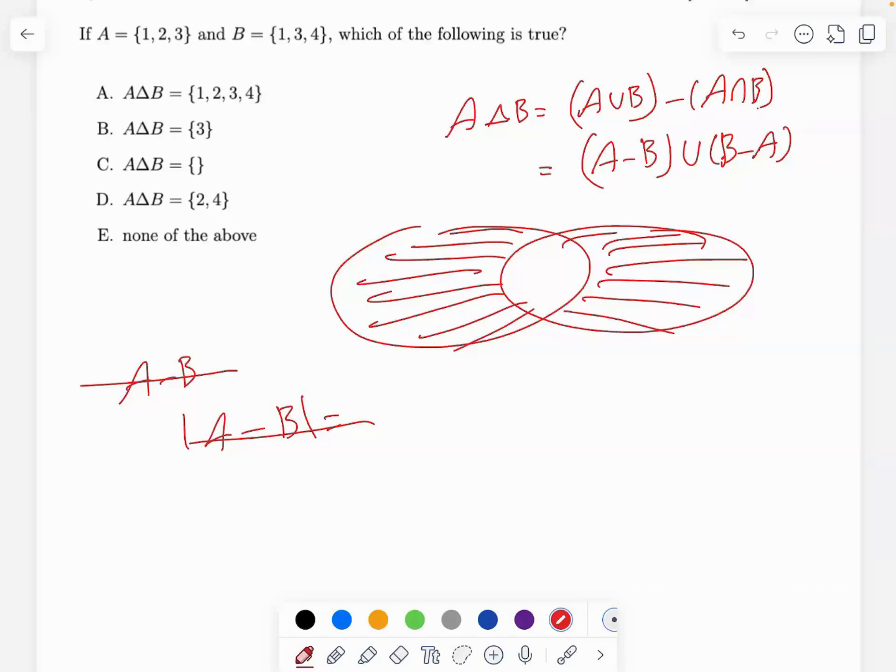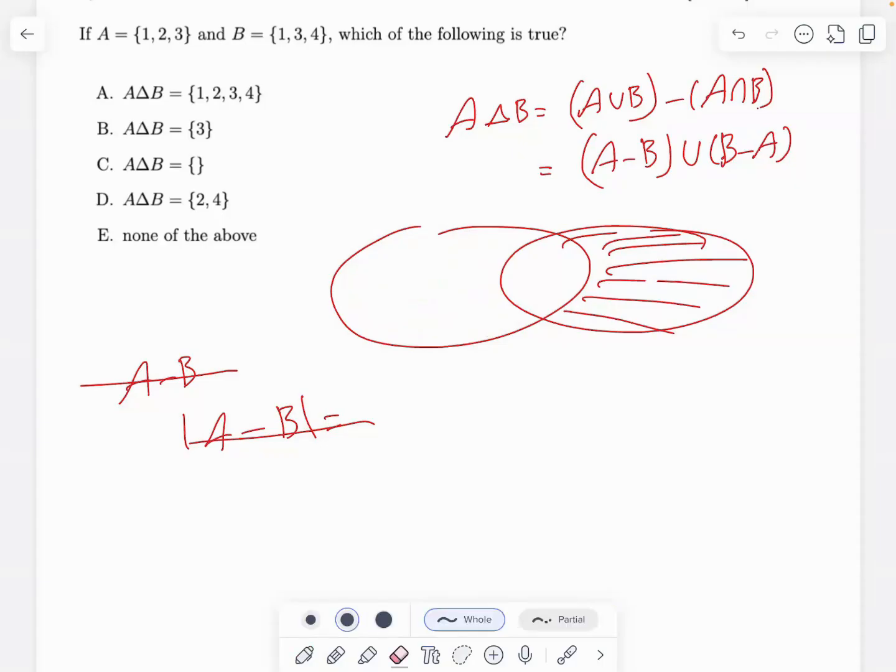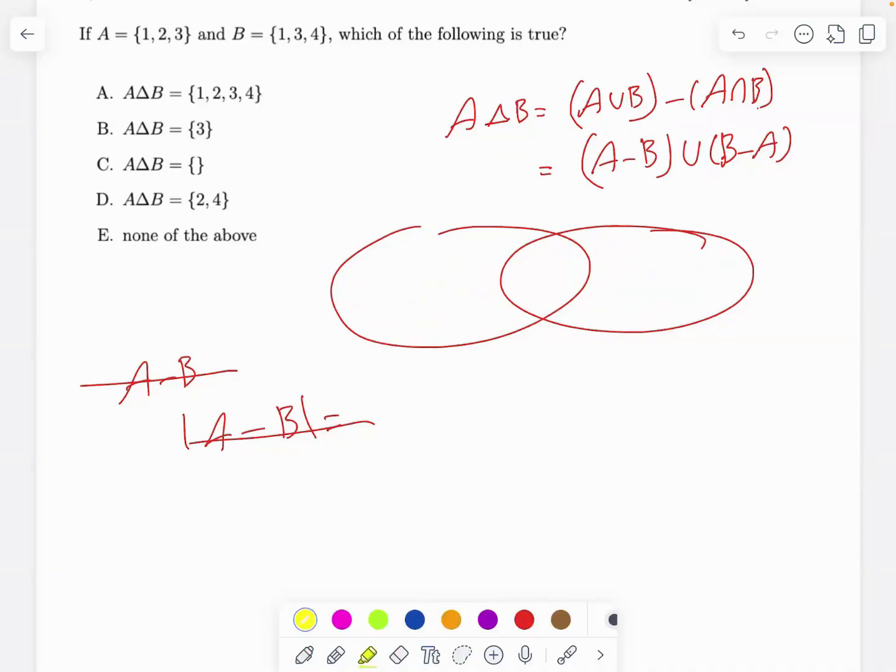So A, can I write? The desired region is this part. Okay, so please help me. A is 1, 2, 3. So 2 here, 1 here, 3 here, 4 here.